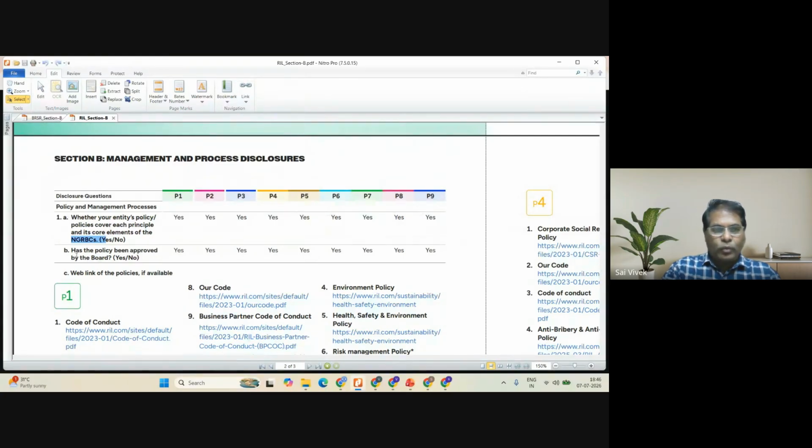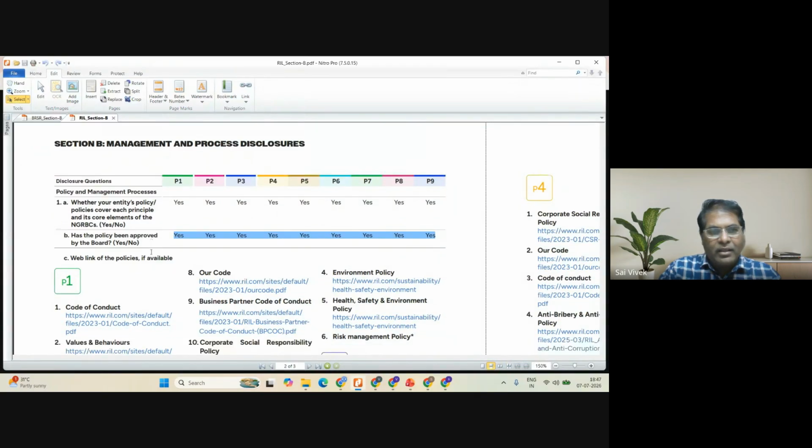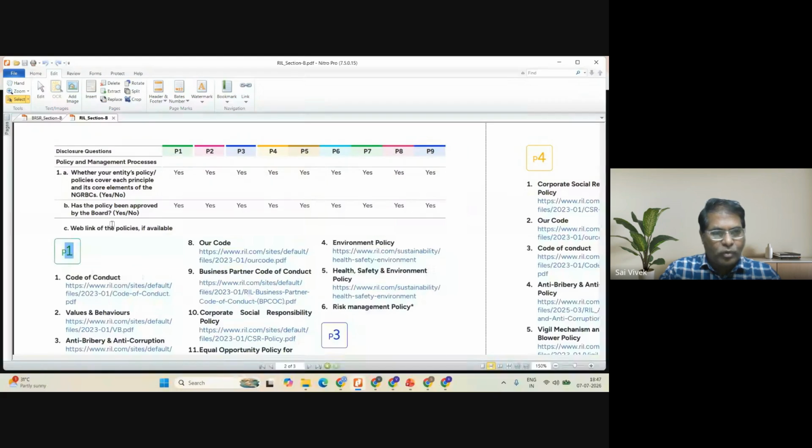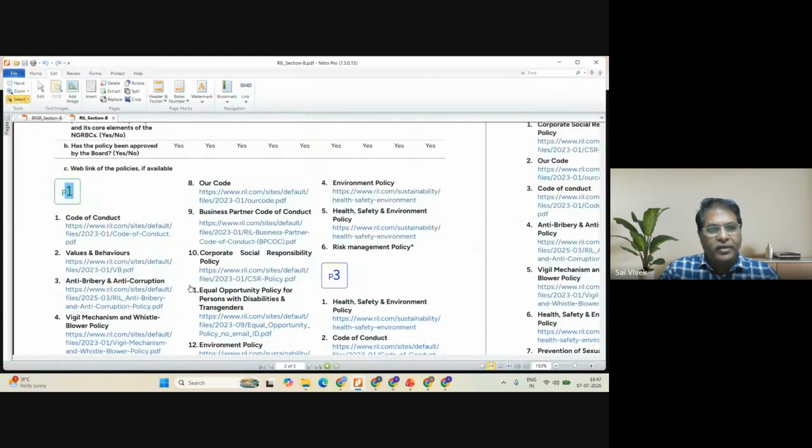And the answer for 1B, the question is, has the policy been approved by the board? Yes or no? So it has said that it's yes for all. The board has approved all this. And the third one is web link of the policies if they are available. So for each and every principle, for P1, what is the code of conduct? What are the policies? Various policies are given here.